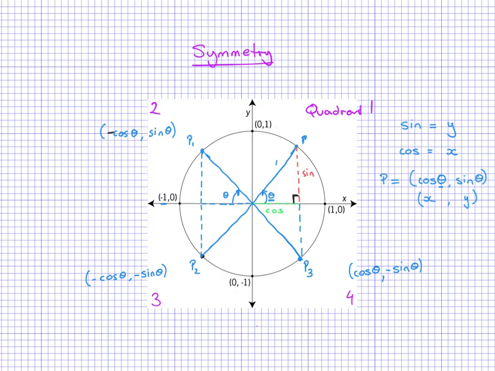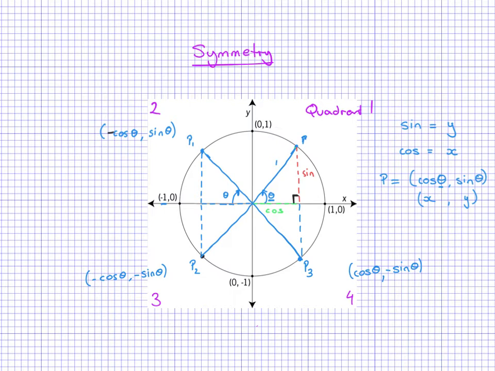So the point's location is positive x, negative y. This sort of symmetry leads us to a neat little acronym that we can use to remember which values are positive in each quadrant.